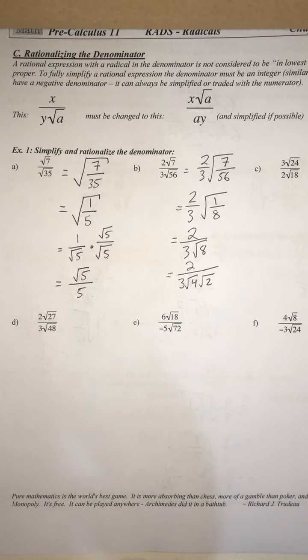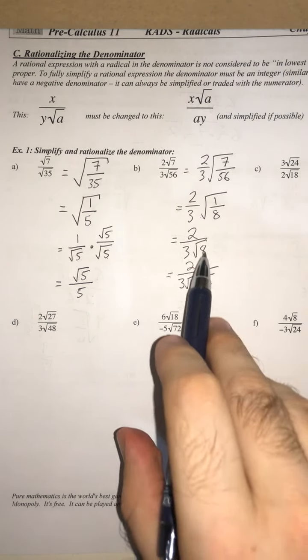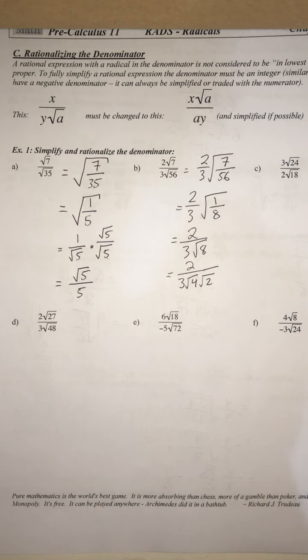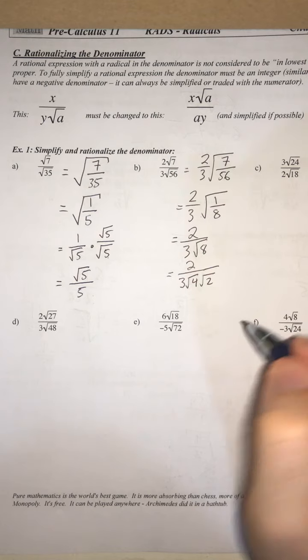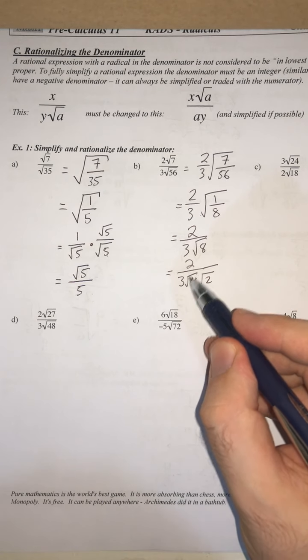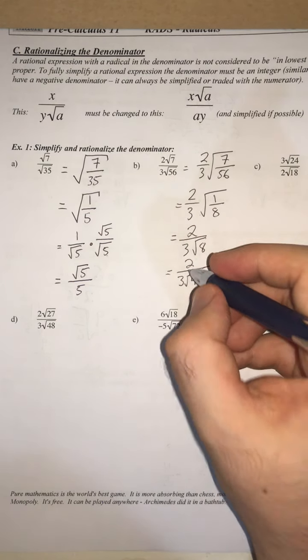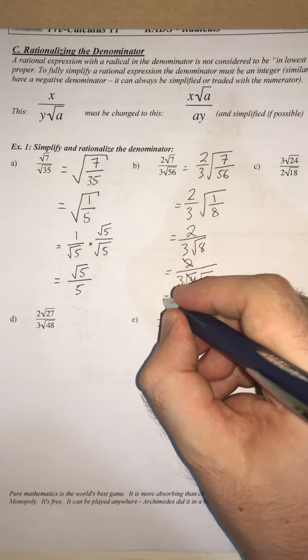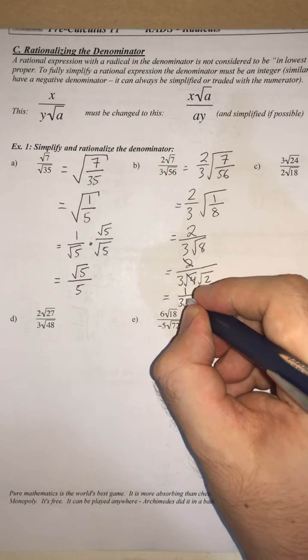Basically, whenever you realize you can simplify something, do it right off the bat. Don't even hesitate to simplify a root at all. And notice here, I've got 2 on the top and square root 4 on the bottom. Square root 4 is 2, so this cancels, and what I'm left with is 1 over 3 root 2.